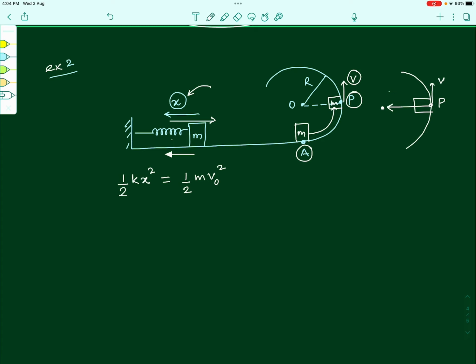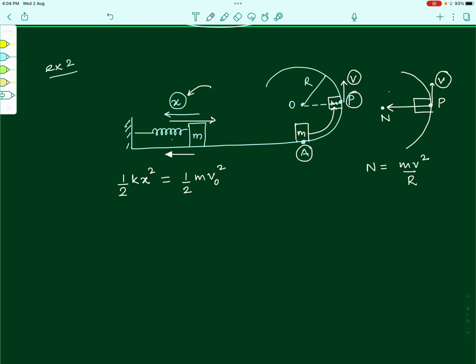The centripetal force is coming in the form of the normal reaction coming from the wall of the track. It is this normal reaction, acting towards the center of the circle, that provides the centripetal acceleration. So, we can write N is equal to mv squared by r for the block.